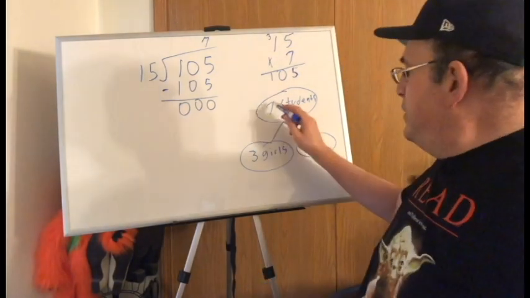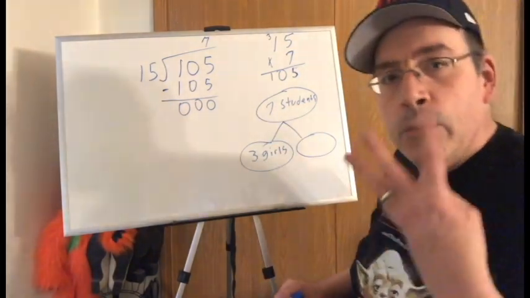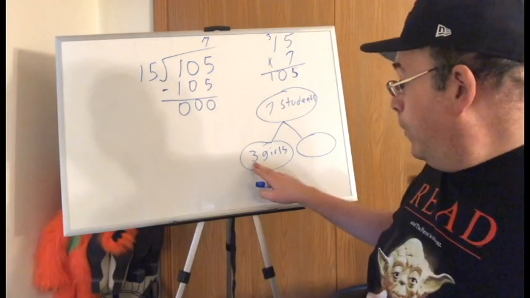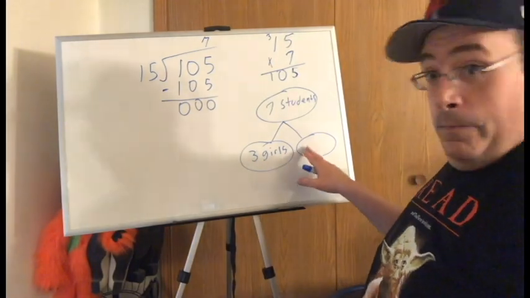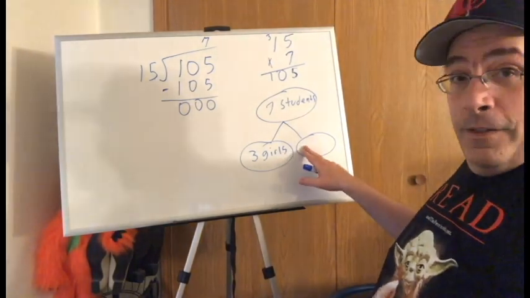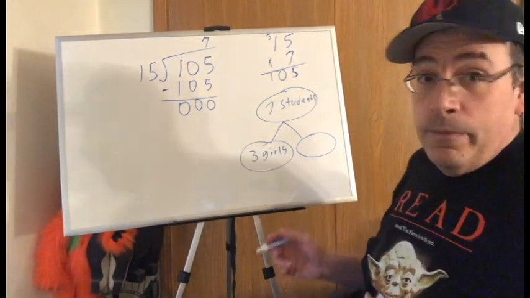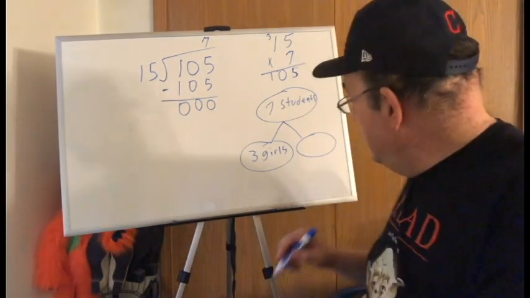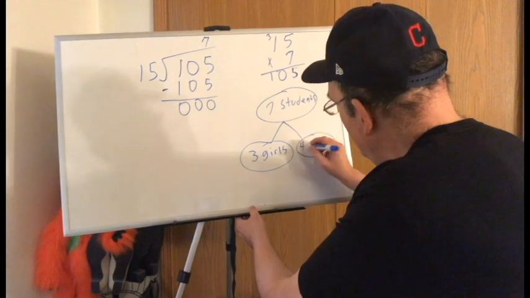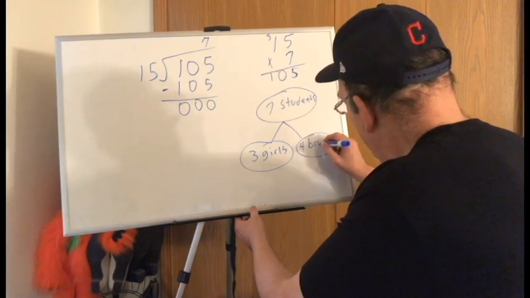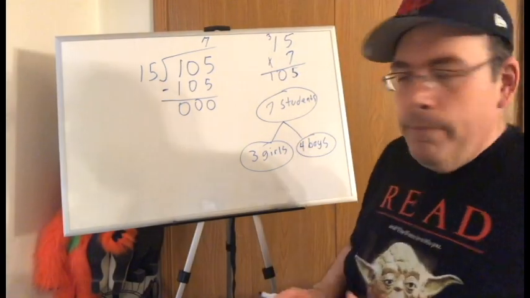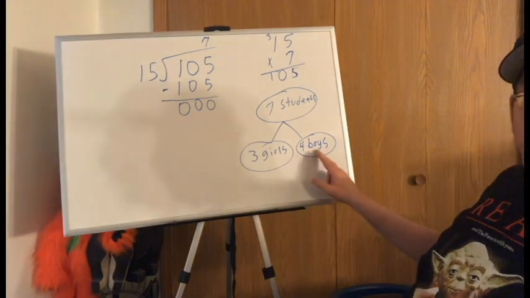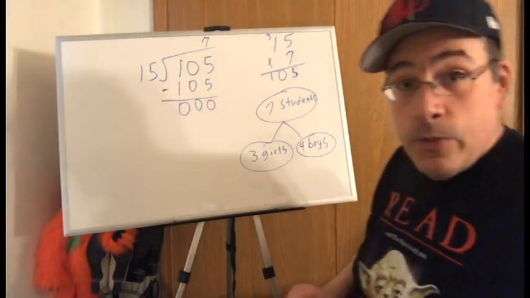Well, 7 minus 3 equals 4. 4 plus 3 equals 7. So there must be 4 boys on each team. Okay? 3 girls plus 4 boys equals 7 students.